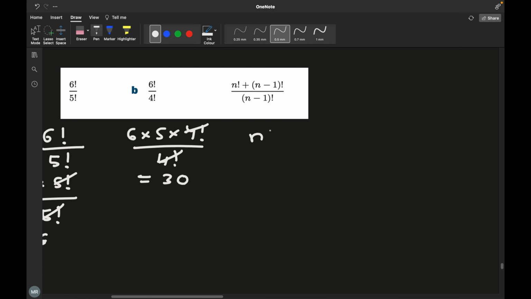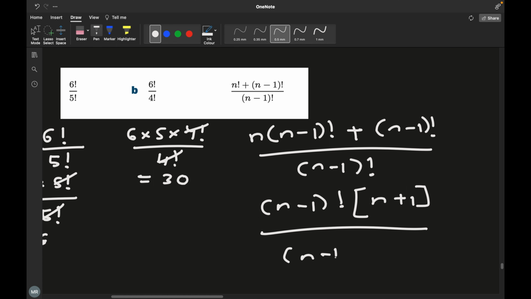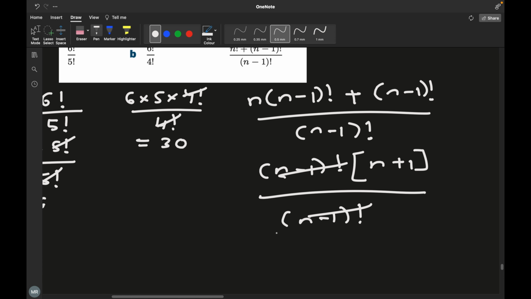We can write n factorial as n into n minus 1 factorial plus n minus 1 factorial, divided by n minus 1 factorial. We'll take n minus 1 factorial as common. So we're left with n minus 1 factorial into n plus 1. Then we divide this by n minus 1 factorial. This cancels out and we're left with n plus 1.